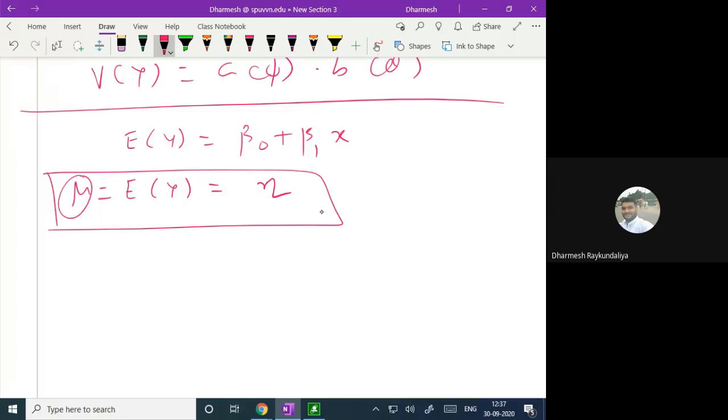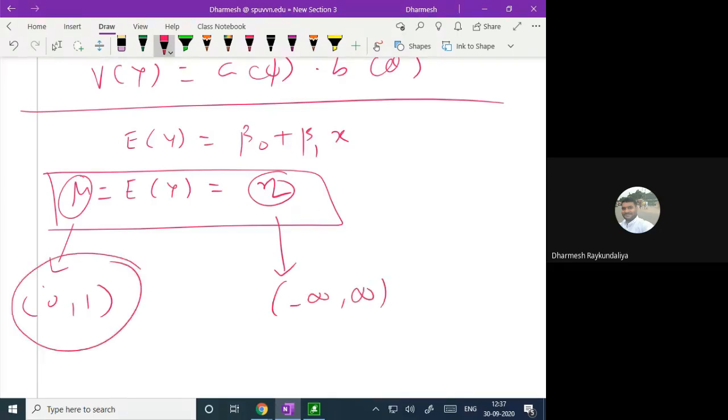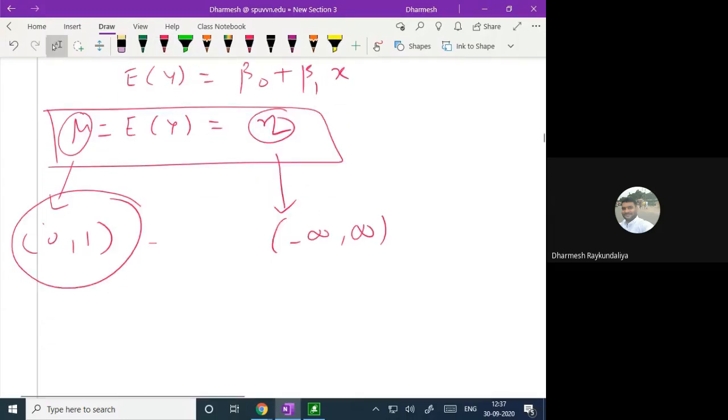But suppose you are comparing this. Here in the binomial case, mu is a probability whose range lies between 0 and 1, and this is a linear predictor whose range lies between minus infinity and infinity. So you have to make some transformation of the probability so that the transformed value is mapped to the real line, so that you can compare.